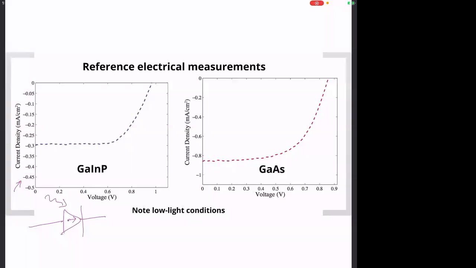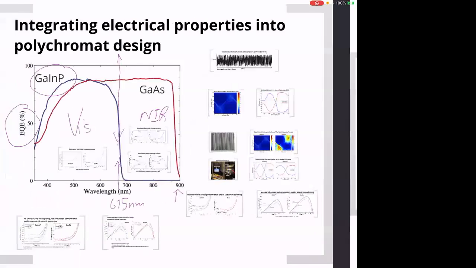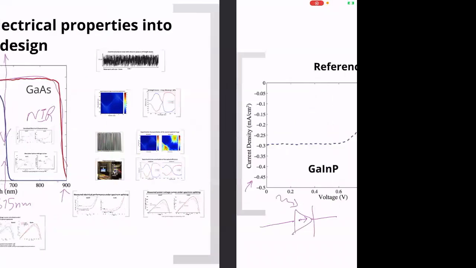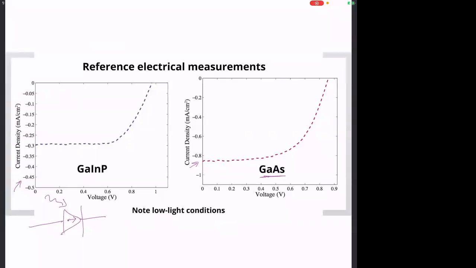These are the actual measurements, and you can do this for the two different materials, gallium indium phosphide and gallium arsenide. You see that the gallium arsenide produces more current because it can absorb more of the light, right? It has a larger absorption, as shown here. Also, it has a lower open circuit voltage, which is a little harder to see.